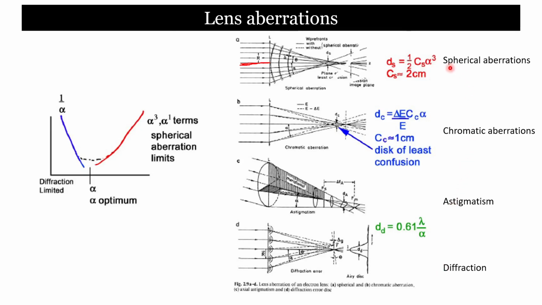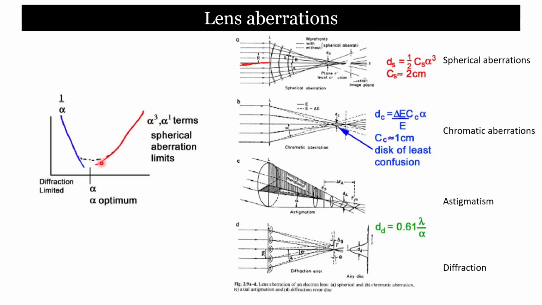When the spherical aberration and the diffraction are considered together, we plot a graph to find the optimum alpha value. The diffraction limitation is proportional to 1 by alpha, and the spherical aberration limitation is proportional to alpha cube.